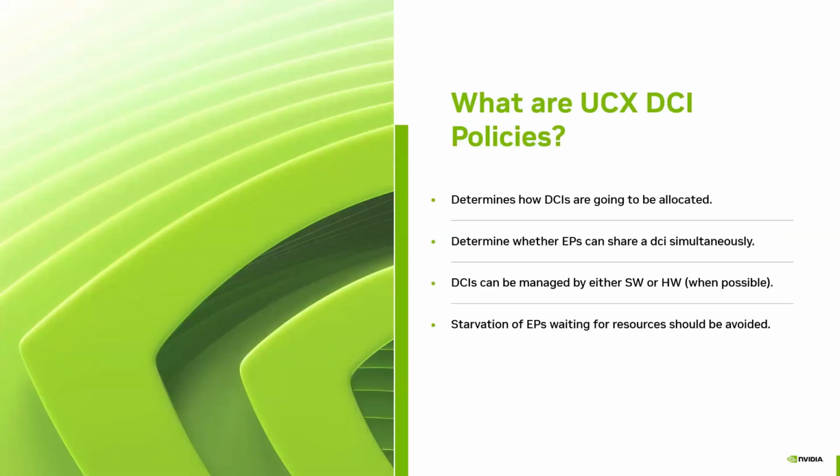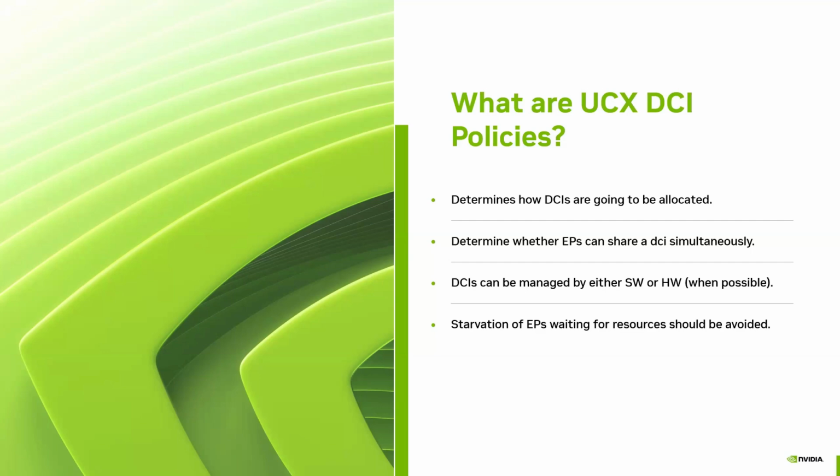Okay, so what are DCI policies? DCI policies determine how DCIs are going to be allocated: whether EPs can share the same DCI simultaneously, and whether they're going to be managed by software or hardware.